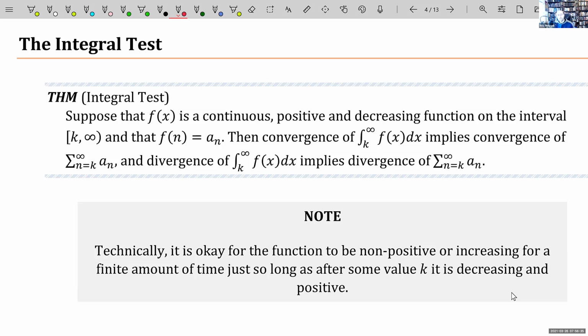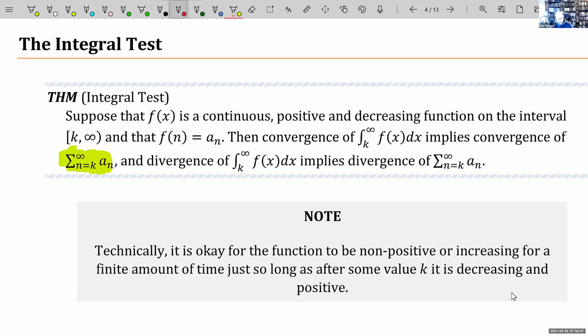The integral test. Suppose, first of all, you're handed a series. This theorem could have been written better, by the way. Suppose you've been handed a series and you can exchange the sequence in your series. So you can exchange your sequence, a sub n, for f of x.